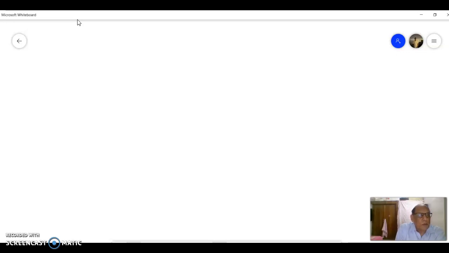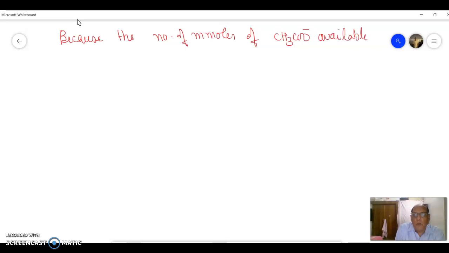That answer is wrong because the number of millimoles of acetate ion, the conjugate base of acetic acid, available from barium acetate is 20 into 2, that is 40.